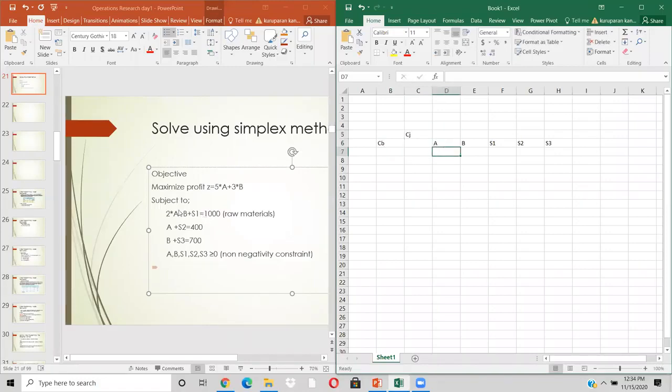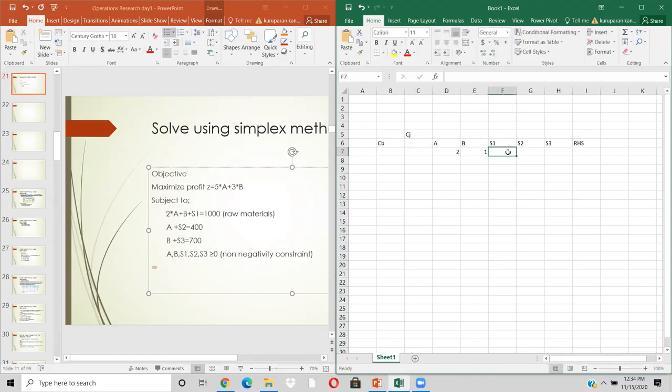In addition to this, RHS. First of all, we will write the first constraint. What is the first constraint? 2A plus B plus S1 equal to 1000. How many A's are there? 2. How many B's? 1.